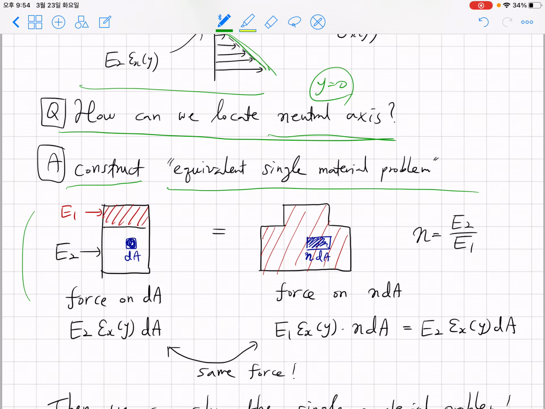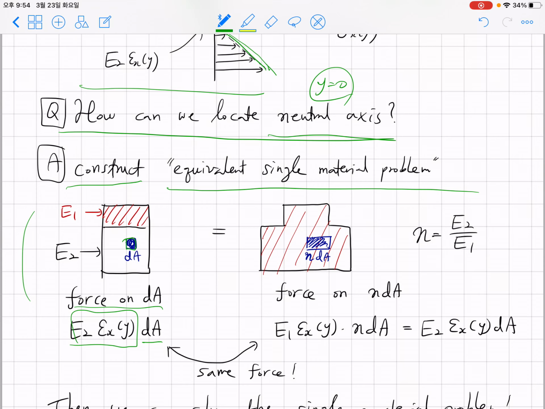The idea is really simple. Suppose that you focus on one infinitesimal area dA, and the force on this infinitesimal area dA can be written as the stress on this area, which is E2 times epsilon x, multiplied by this infinitesimal area dA. So this is the force acting here.